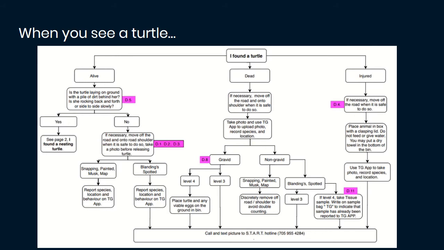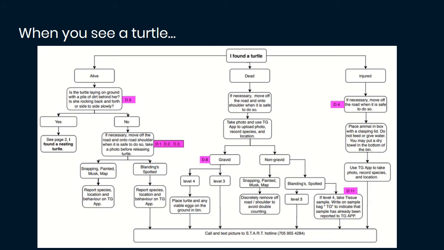All right, so what if she does not seem to have any eggs? Well, now it matters based on what species she is. If she is a snapping, painted, musk, or map turtle, then you're going to discreetly remove her off the road and shoulder. So you want to remove her far off the road and shoulder, basically because if someone else was to come along who's also doing a road survey, we don't want that turtle to be double counted.